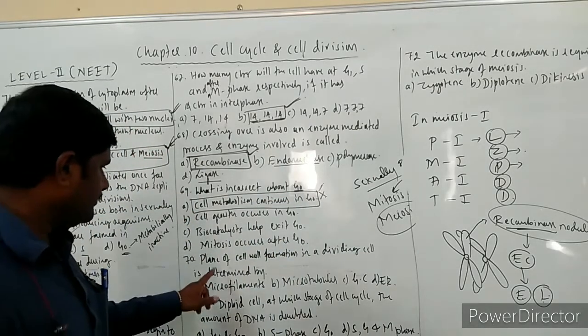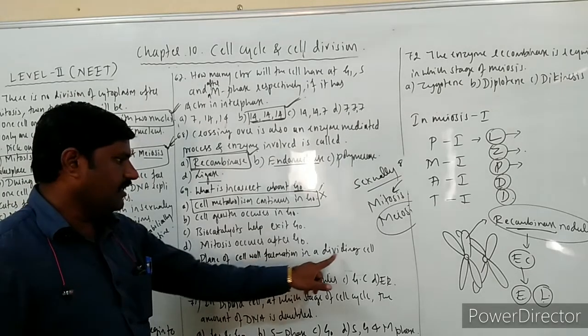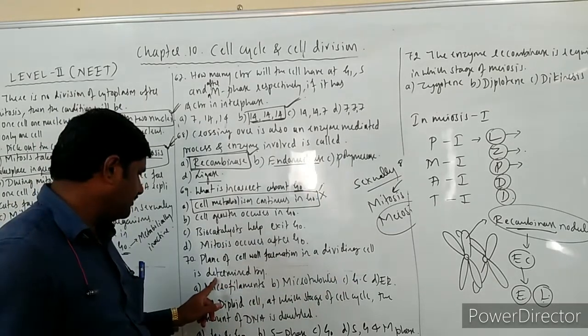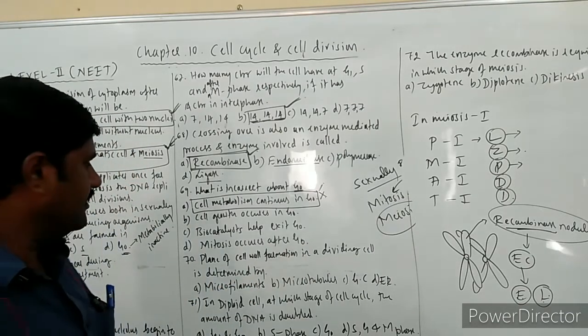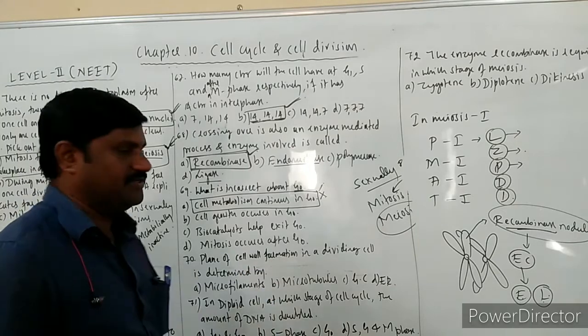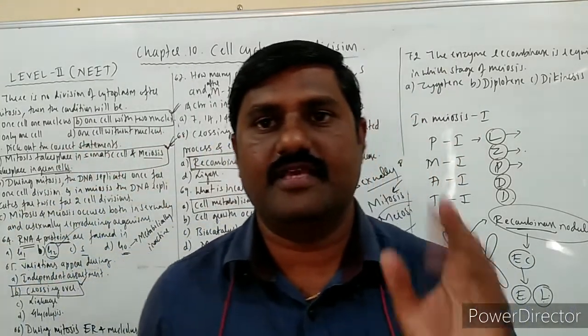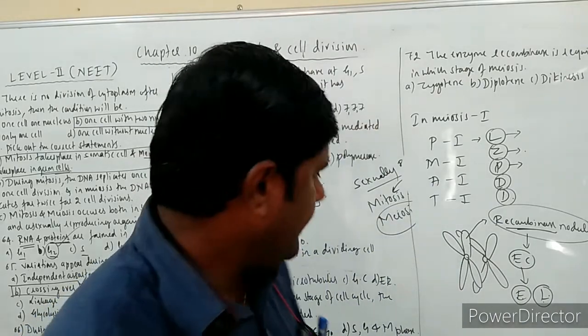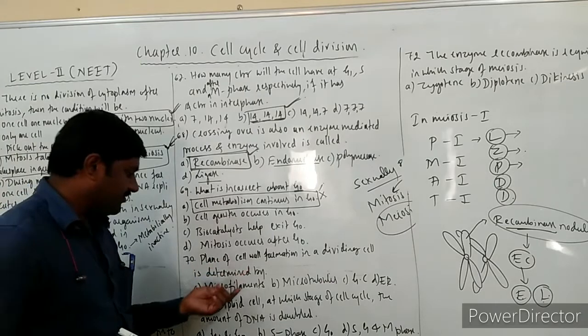Next one. Plane of cell wall formation in a dividing cell is determined by what? Usually the cell wall is present in the plant cell especially, and what decides the cell wall formation over here?